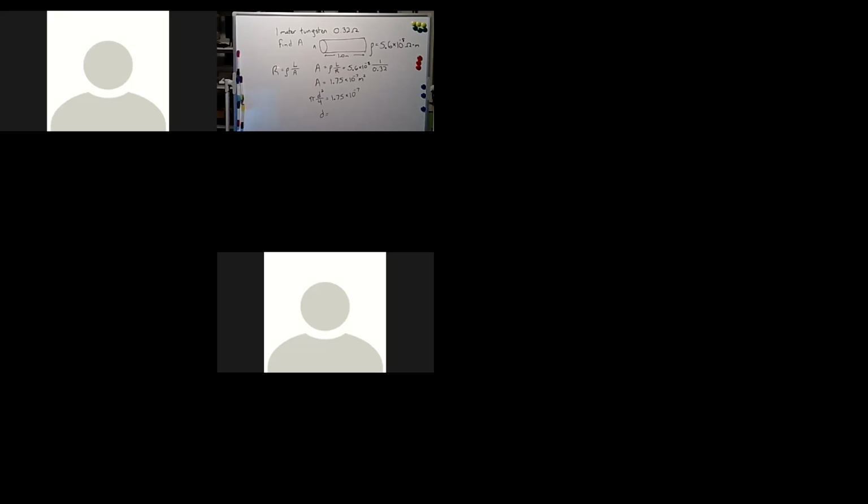And the answer you get from this is in meters, of course. So when you put it in the chat, why don't you put it in millimeters so we can see what it looks like without exponents. So see if you can express your answer in millimeters.